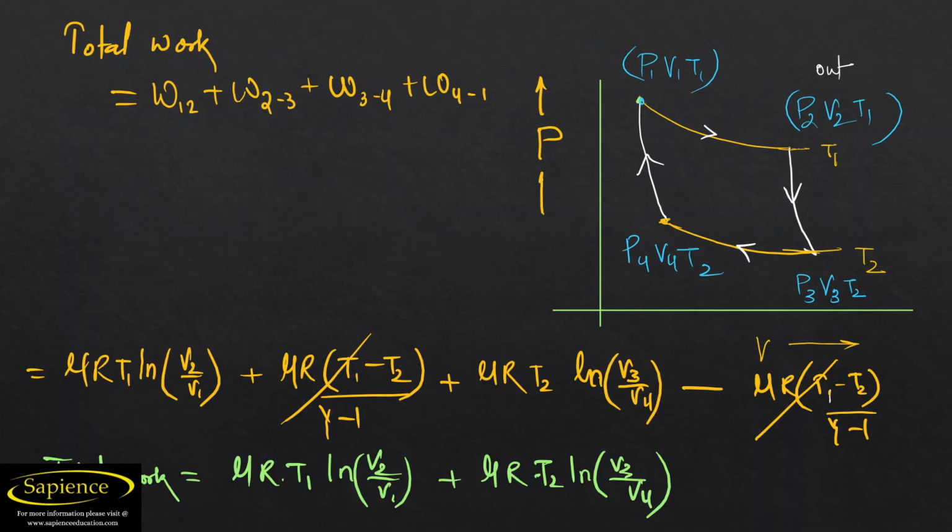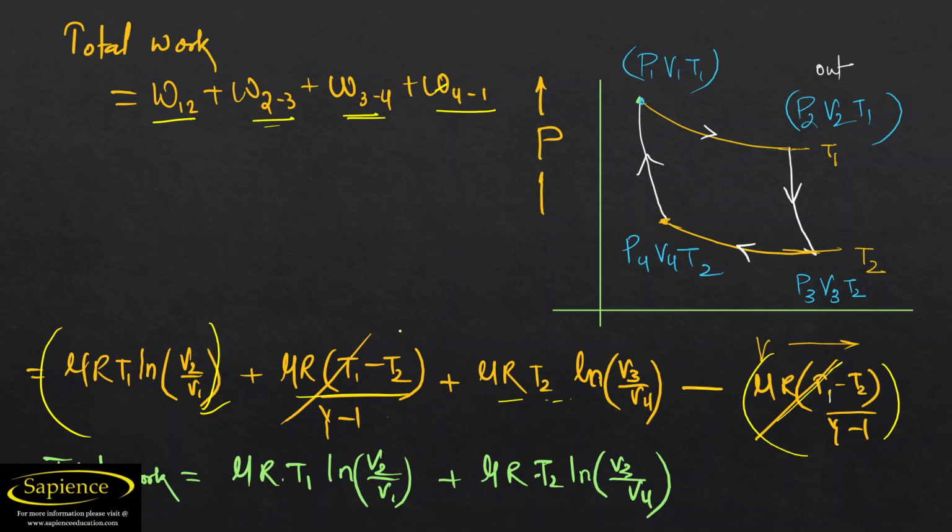Now the total work done will be equal to work done from 1 to 2, work done from 2 to 3, work done from 3 to 4, and work done from 4 to 1. Here the work done from 1 to 2 is mu R T1 ln V2 by V1, plus mu R (T1 minus T2) by gamma minus 1 for work done from 2 to 3, and work done from 3 to 4 is mu R T2 ln V3 by V4, and this is equal to the work done for 4 to 1, mu R (T1 minus T2) by gamma minus 1.